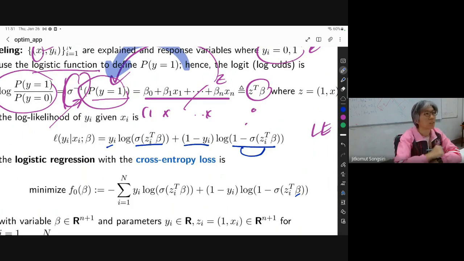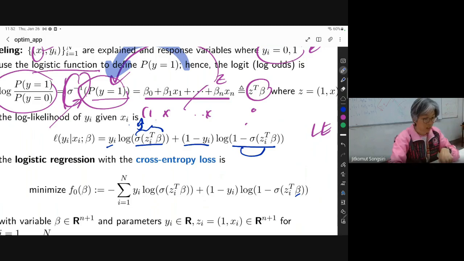The hidden meaning of this is that you're going to use the output returned by the sigmoid as y hat. This is the interpretation in terms of modeling. After you do the logistic regression, the output of your model is not a discrete value as 0 or 1, but it just gives you the probability value, and you need to threshold it.